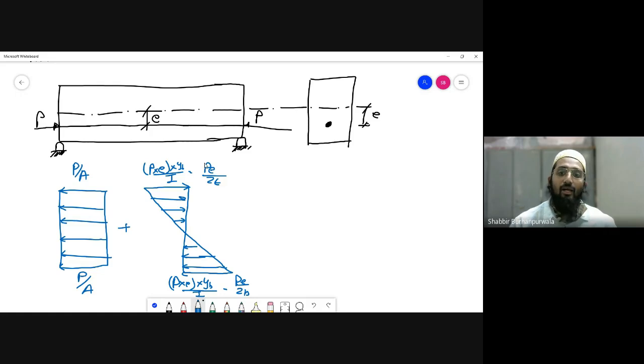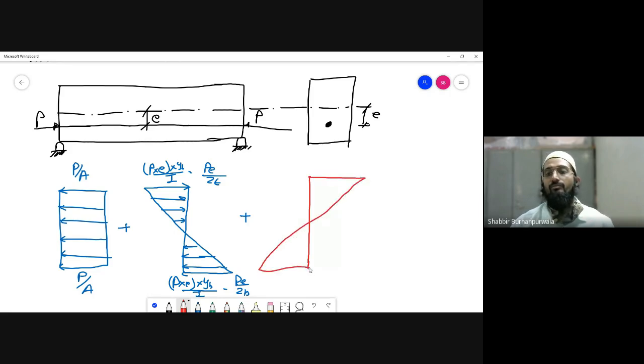ठीक है, अब जो हम लोग लिखेंगे वो हमारा यूजुअल कंपोनेंट है. कौन सा है हमारा यूजुअल कंपोनेंट? बिकॉज ऑफ द एक्सटर्नल मोमेंट. Okay, so because of the external moment, compression at the top, tension at the bottom.